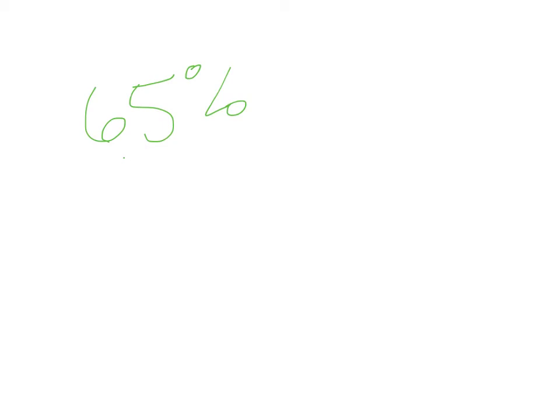So 65 being a whole number, the decimal is just right there, right behind the 5. It's assumed to be right there, and I now move it 2 places to the left to get my decimal, which is then going to be 0.65.